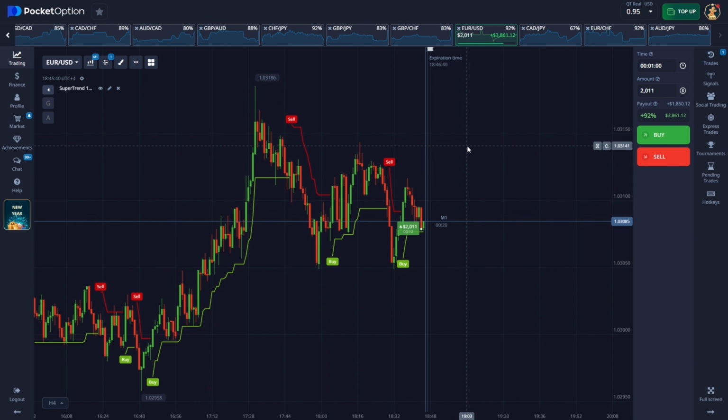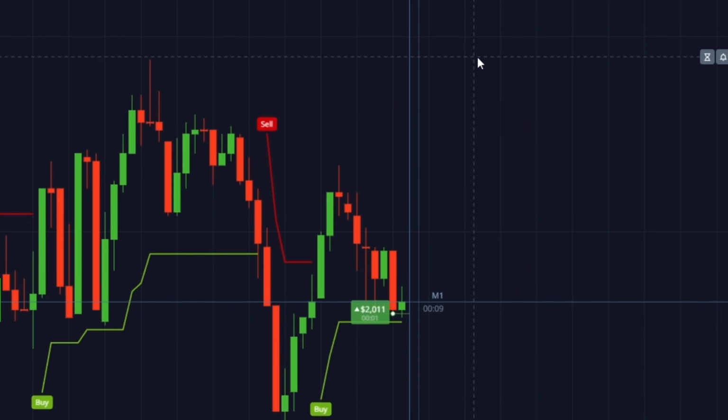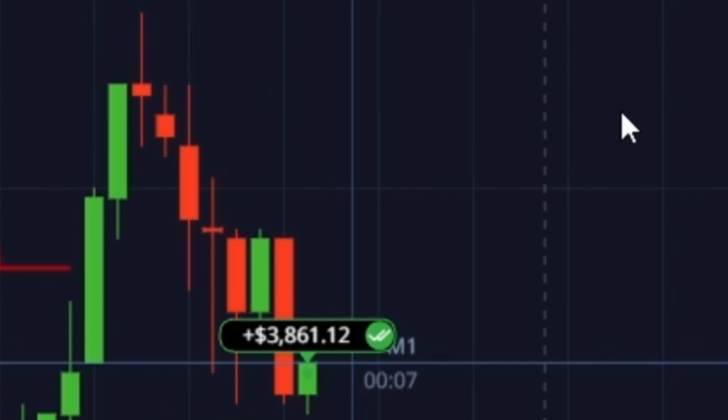The trade is going in our favor right now, but we still have 10 seconds left. Only a few seconds left, and I won another trade.